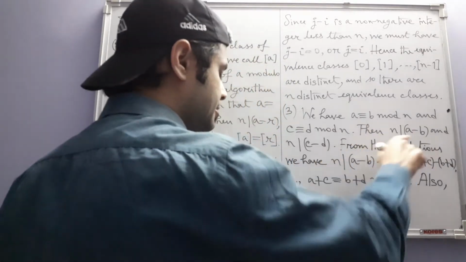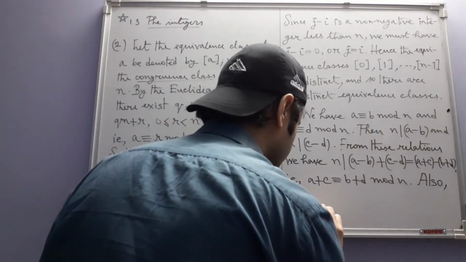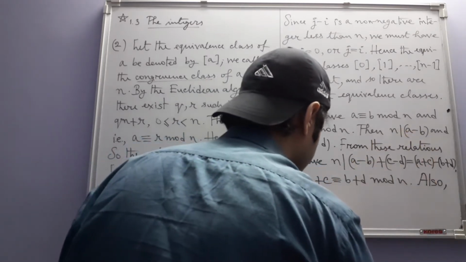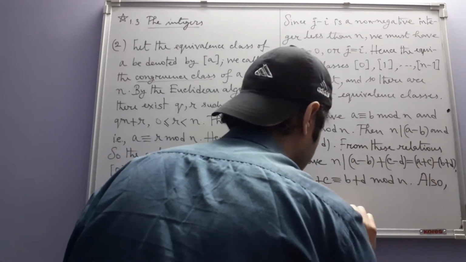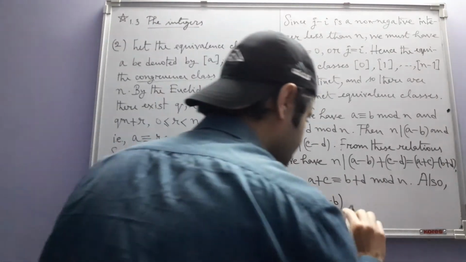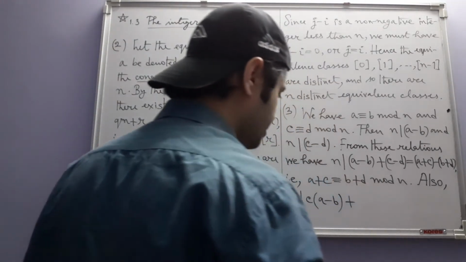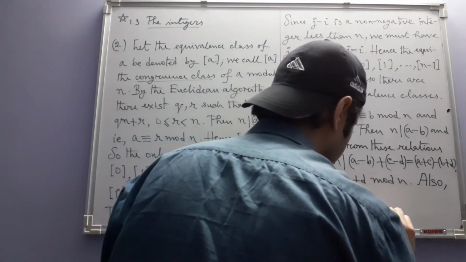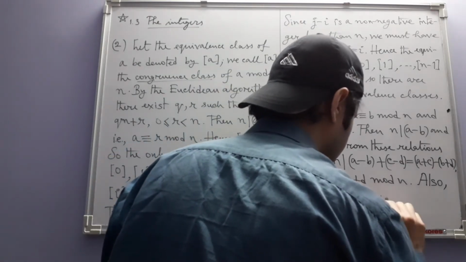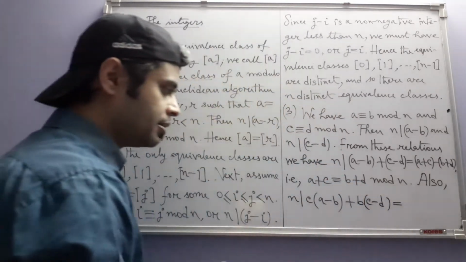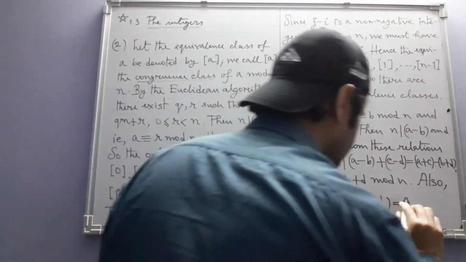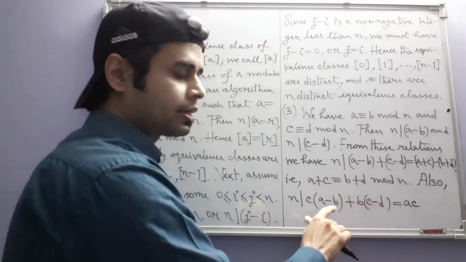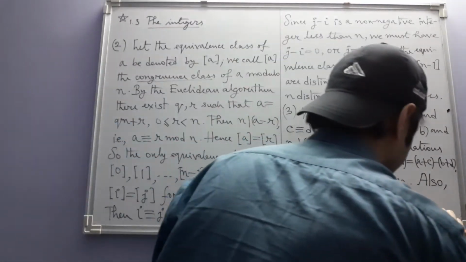Since n divides A minus B, n divides C times A minus B, and since n divides C minus D, n divides B times C minus D. If I add and simplify this, I get AC minus BC plus BC minus BD, the BC terms cancel out.